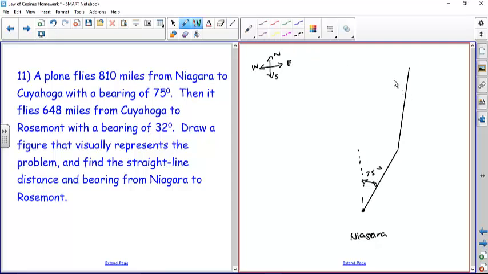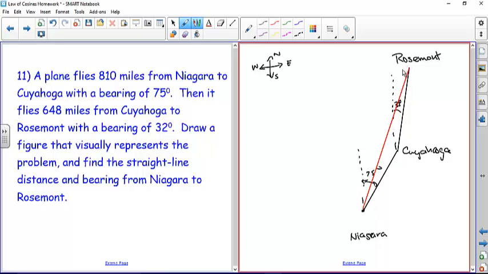Again, if you draw a vertical line like that, this angle is 32 degrees, and as a consequence, to go back from Cuyahoga to Niagara, you'd have something like that. So we'll call this Cuyahoga. The interesting thing is I know where Cuyahoga is in Ohio, so from a map perspective it doesn't make sense to me right now, but I don't know if they've just made these names up. Anyway, maybe this is not Niagara Falls, it's just Niagara.